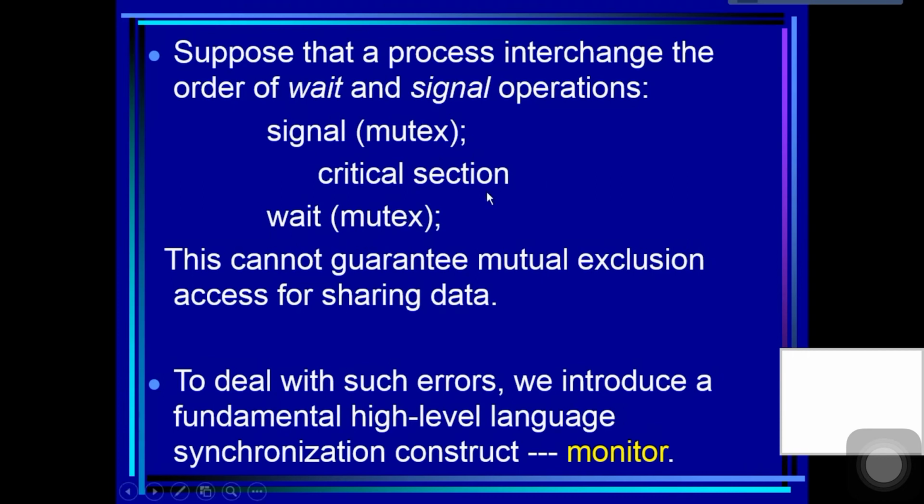In this situation, several processes may be executing in the critical section simultaneously, violating the mutual exclusion requirement, because the signal operation will not cause any blocking. An application process that calls the signal system call will not be put into the waiting queue.